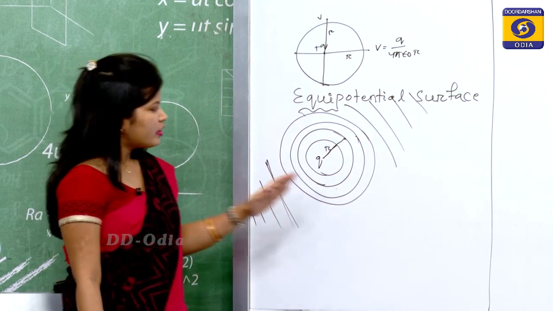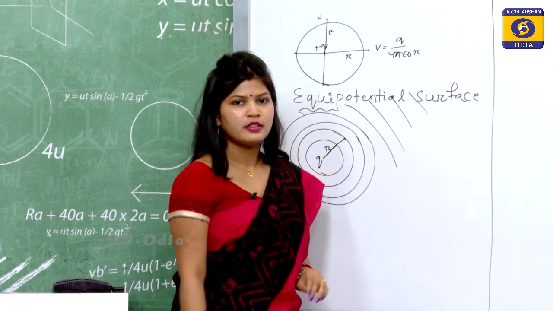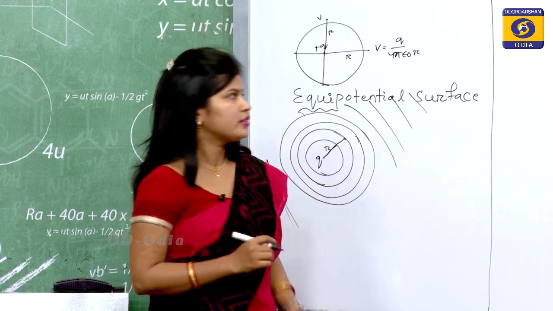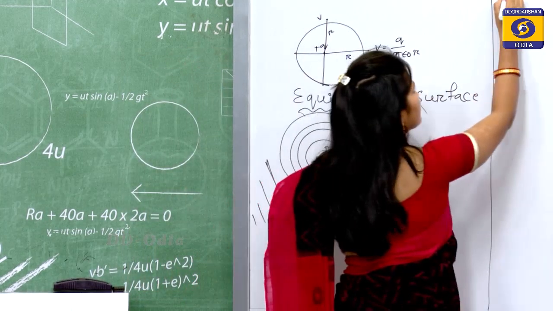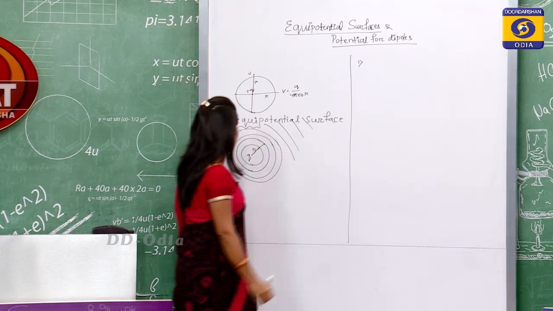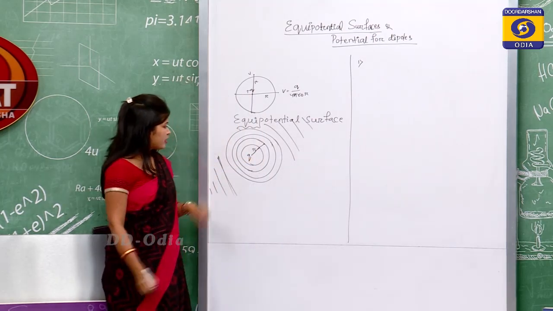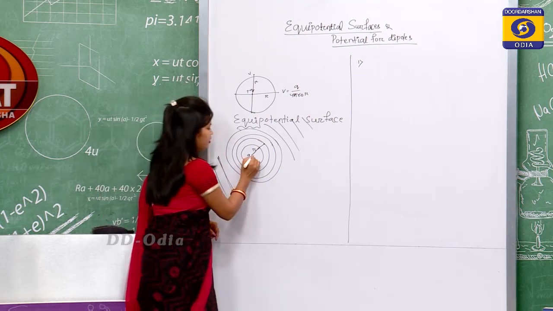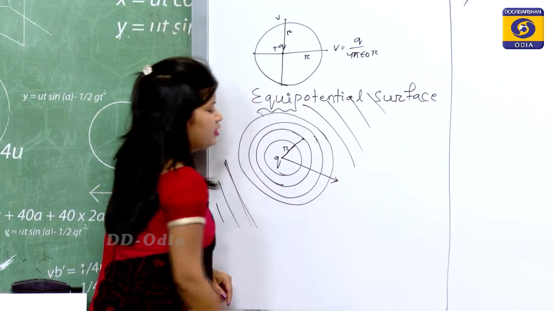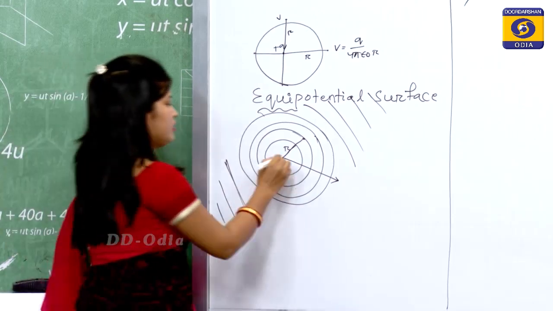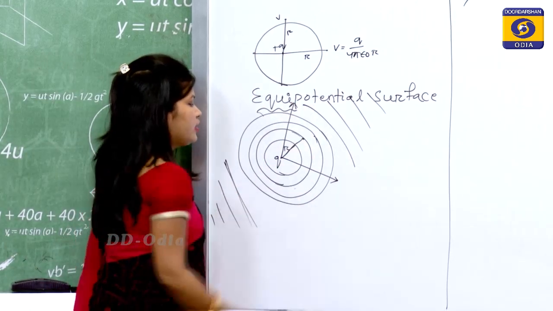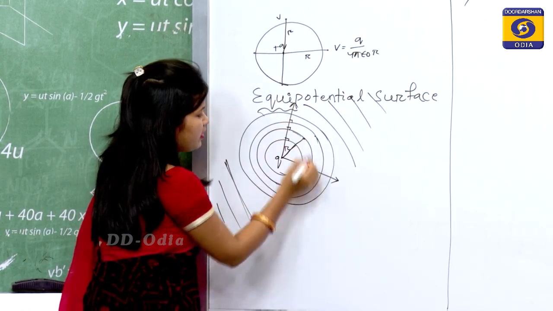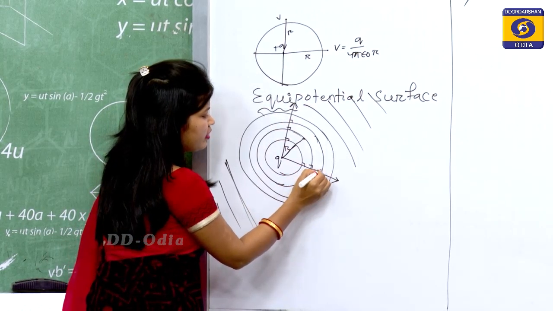Okay. Now, let us study the characteristics of equipotential surfaces. First, students, say what is the direction of equipotential surface? Yes, this is the direction of equipotential surface, and you see at every point the angle is 90 degrees.